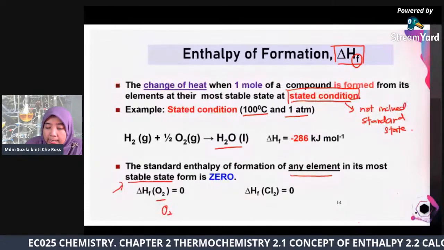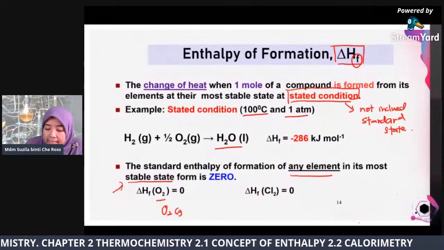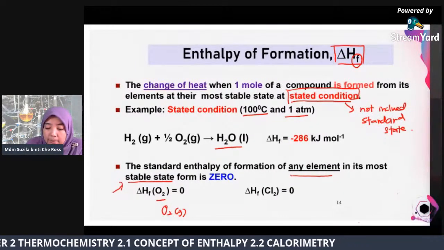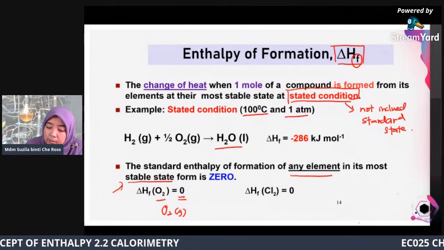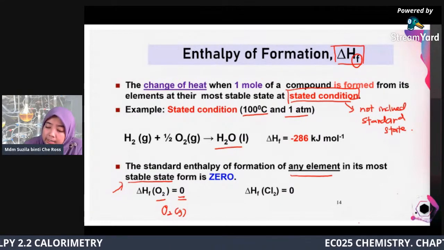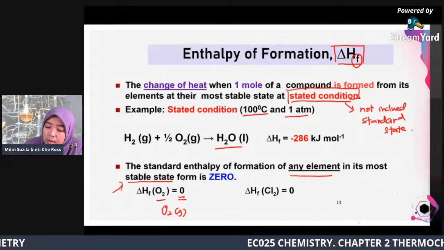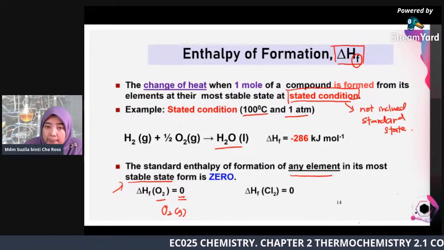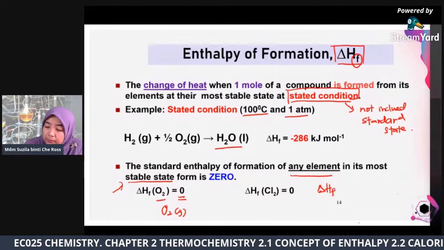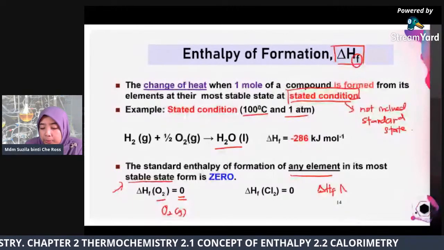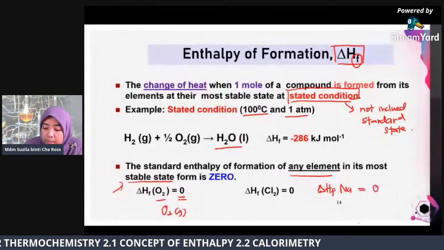Okay, so delta H formation for O2 gas is 0. Sebab dalam keadaan asal memang dia dah O2, jadi formation dia pun akan jadi sama dengan kosong. Sama juga delta H formation for sodium. Okay, sodium metal. Jadi for sodium, delta H formation for sodium also equal to 0.